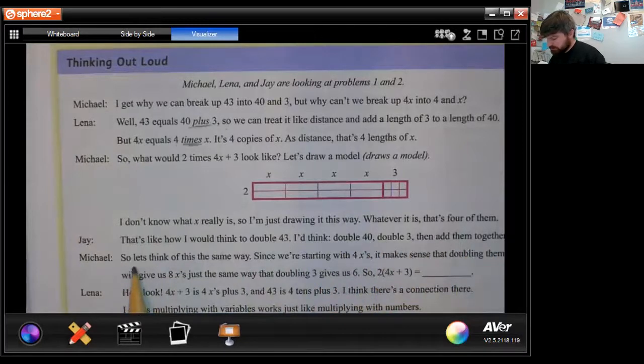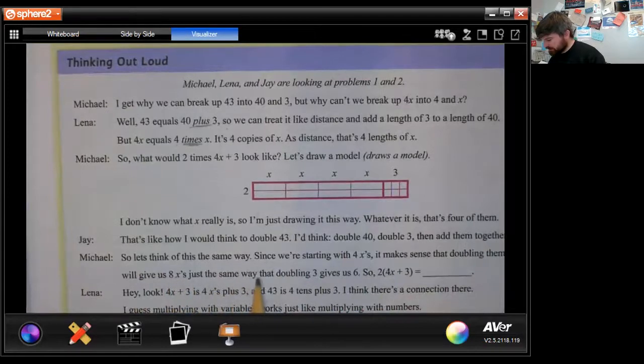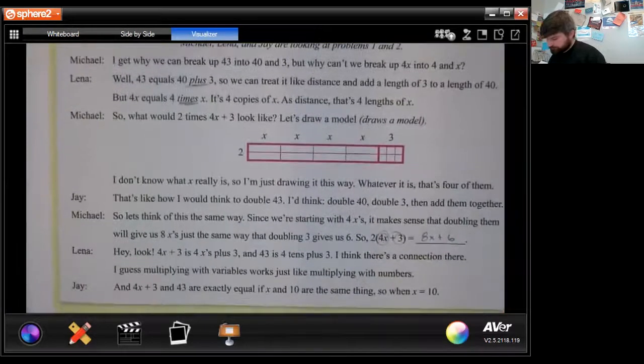Michael says, so let's think of this the same way. Since we're starting with 4 x's, it makes sense that doubling them just gives you 8 x's, the same way as doubling 3 gives us 6. So 2 times 4x plus 3 equals 8x plus 6, because you're doubling both of those things in there.